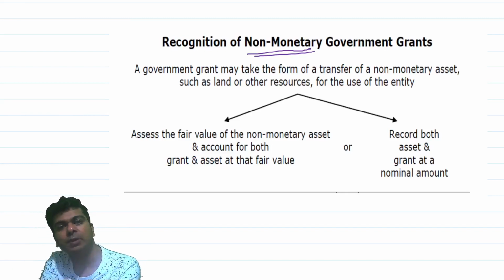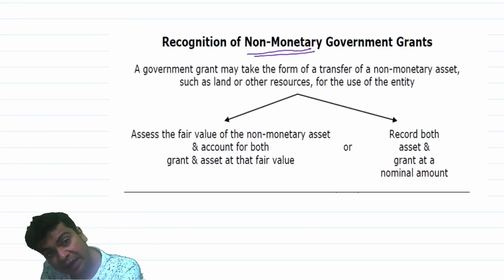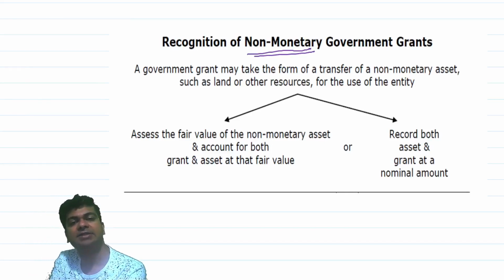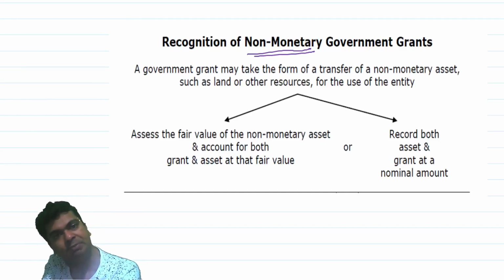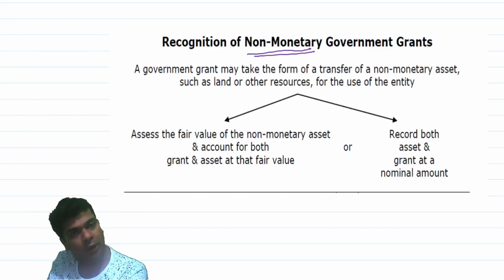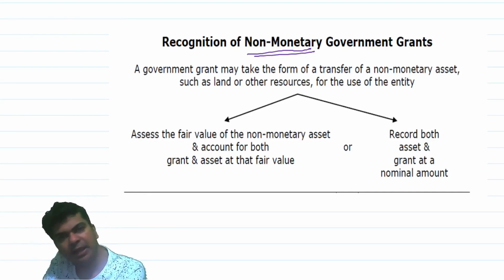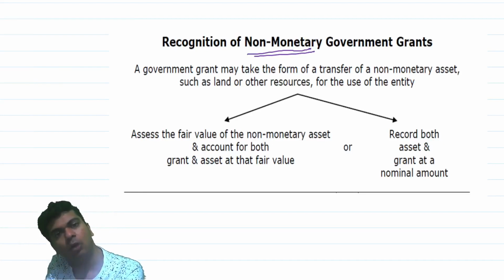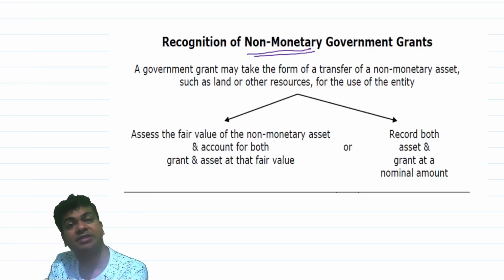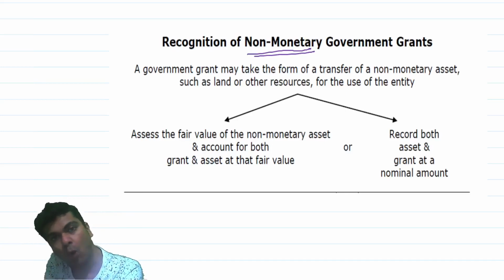The first possibility is you should recognize the government grant at the fair value of the asset that has been given to you free of cost. For example, there is a piece of land of 1 crore which is given to the entity free of cost, in some backward district, in some backward area. Find out what is the fair value of the land. As I said, the fair value of the land is 1 crore.